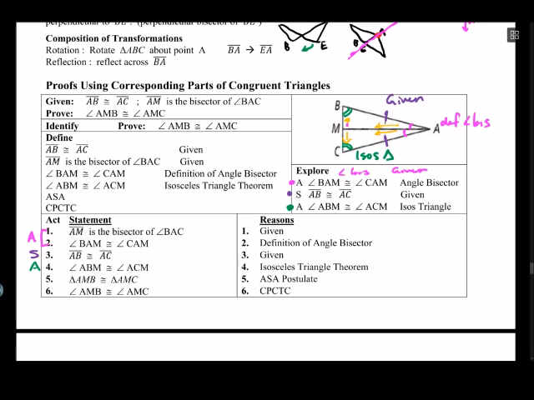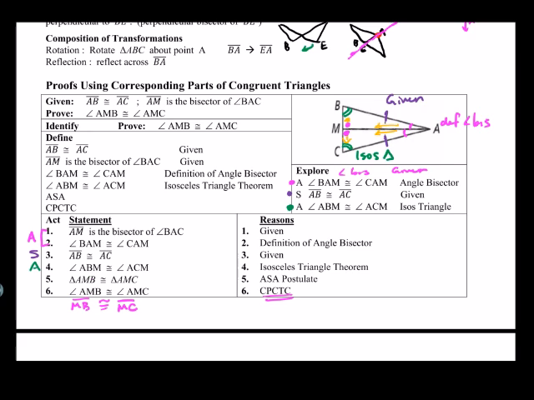We can say that these two angles here, angle AMB is congruent to angle AMC by CPCTC. We could also say that segment MB is congruent to segment, which direction do we go? MC. Look at your triangle congruence statement. MB has to be MC, would also be CPCTC.